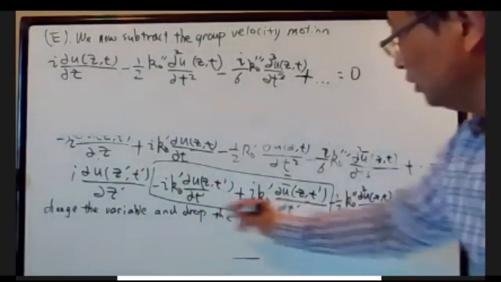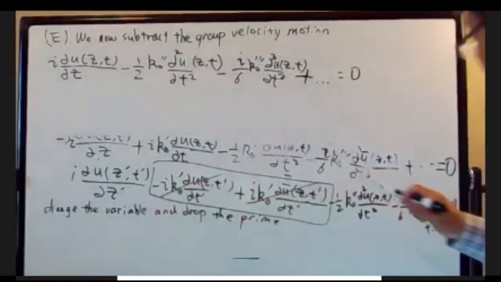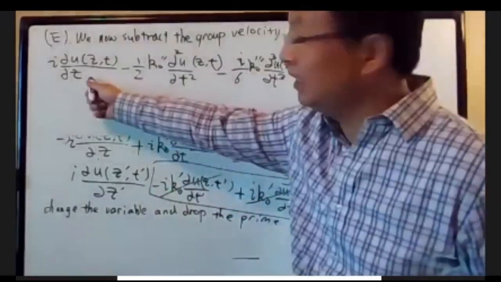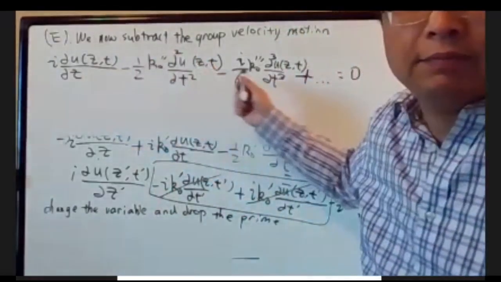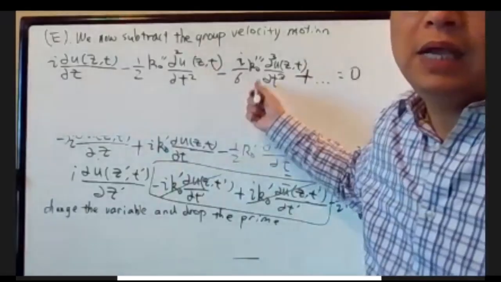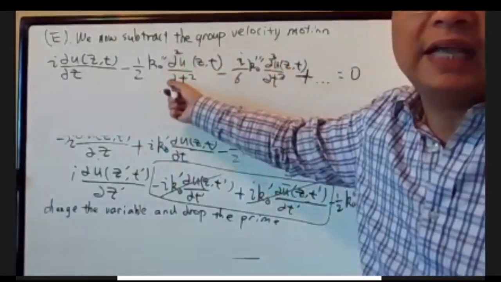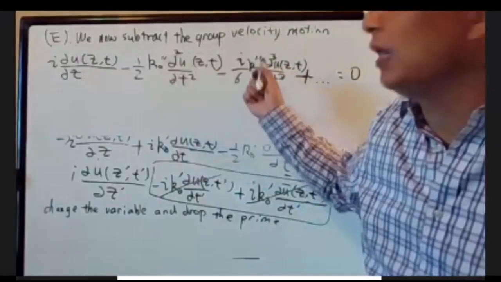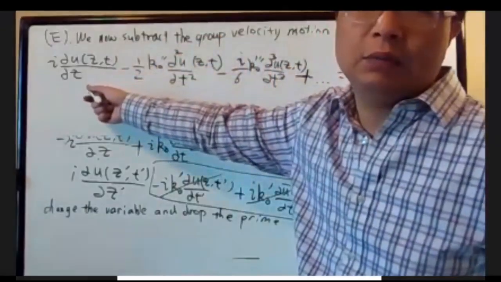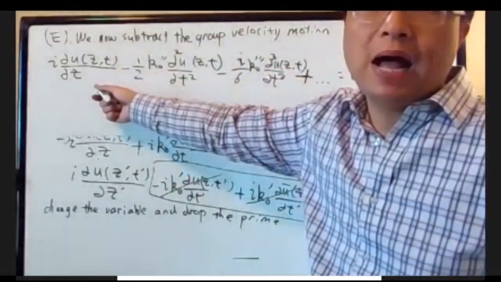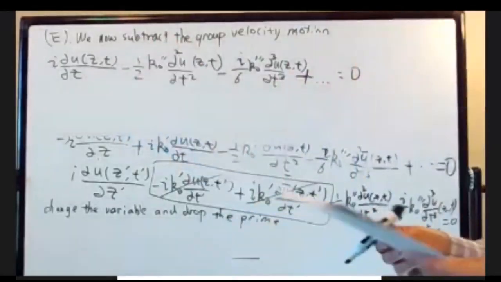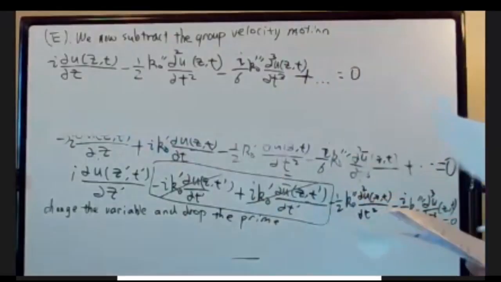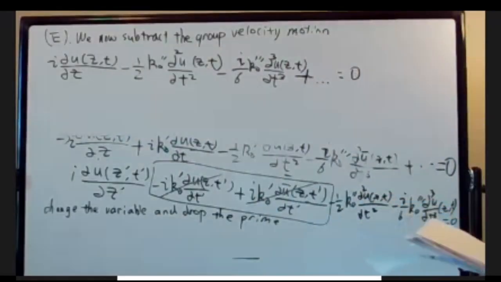So these two cancel out, and we only have this propagation term, the k double prime term, the k triple prime term. If we don't have the k double prime and k triple prime, du dz will be 0, meaning that our pulse does not change any shape, okay?